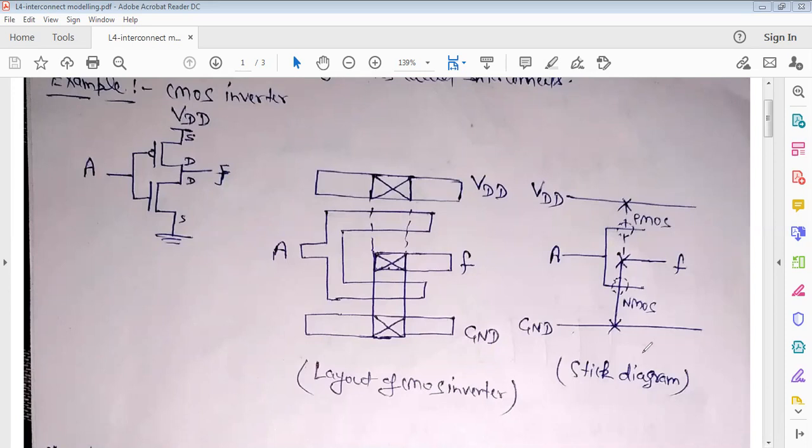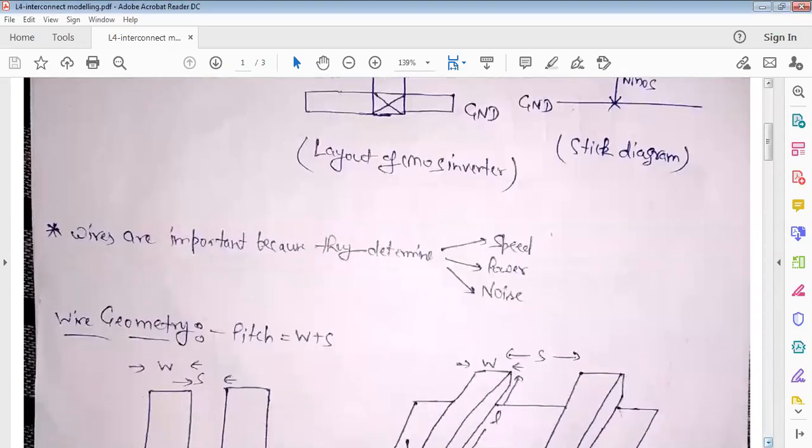Here you can see that a lot of wires are there in this design. Wires are very important in VLSI design because they determine the speed, power and noise, and they also decide the delay.